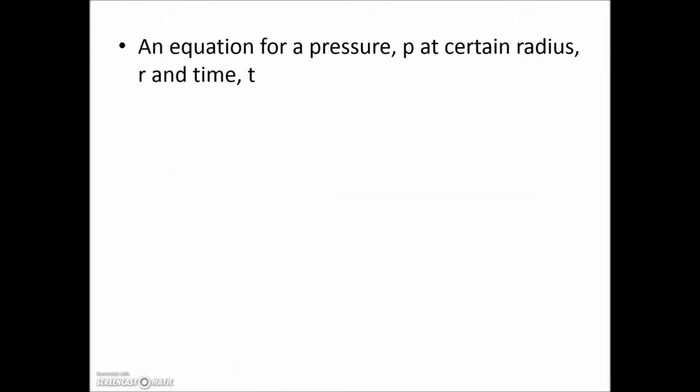An equation for the pressure P at a certain radius r and a certain time t is given as equal to the initial pressure plus 70.6 times the oil flow rate times the oil viscosity and the oil formation volume factor, divided by the permeability and the thickness.